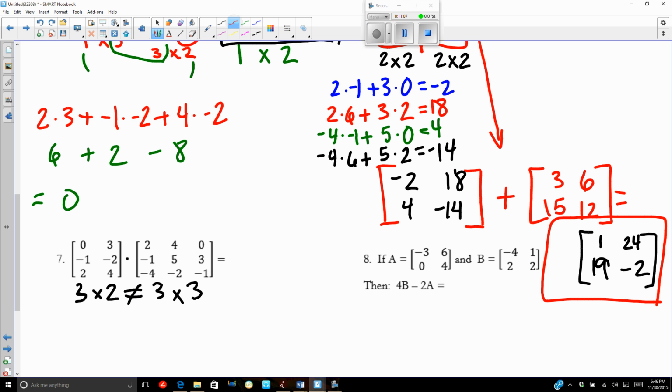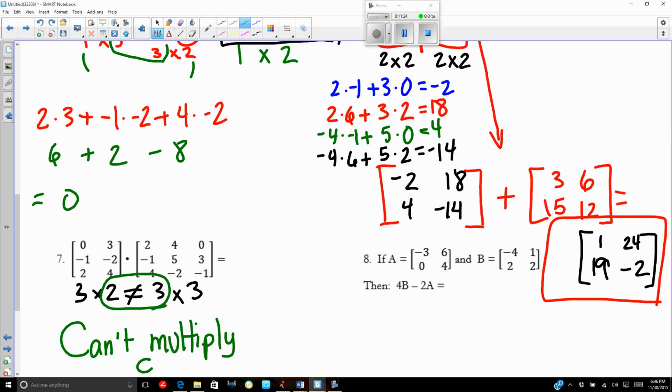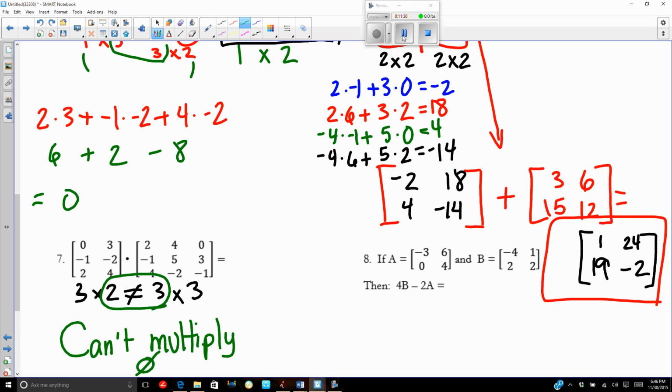Did not mean for that to happen, but those inside numbers do not equal each other. So that means we cannot multiply these two matrices together. Cannot multiply. There is no solution. So that's all you have to do if the inside numbers do not match up.